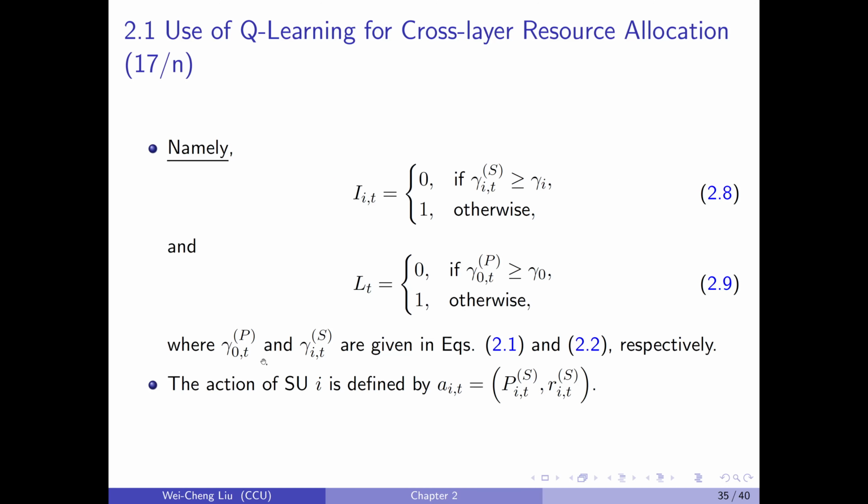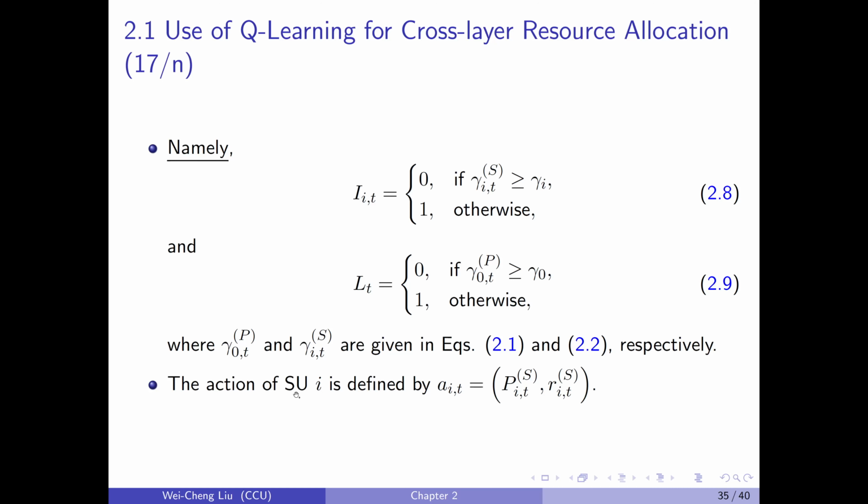Here gamma_0^tp is the SINR of the primary user at time instance t. So if gamma_0^tp is greater than or equal to gamma_0, L^t is equal to 0. Otherwise, L^t is equal to 1.